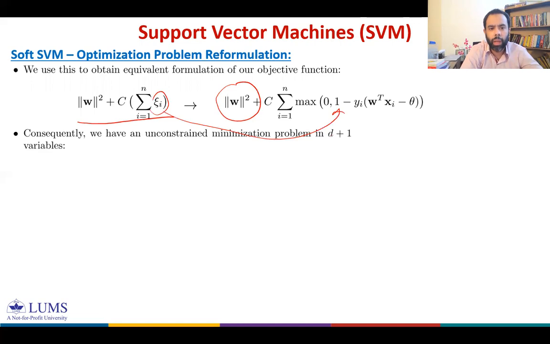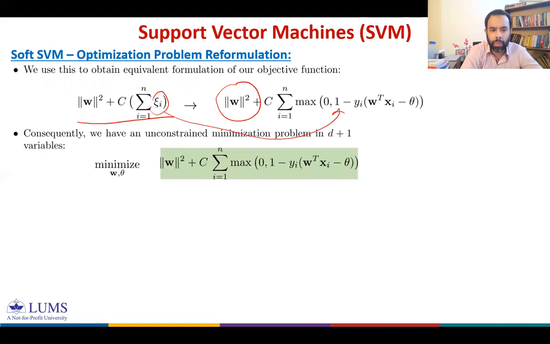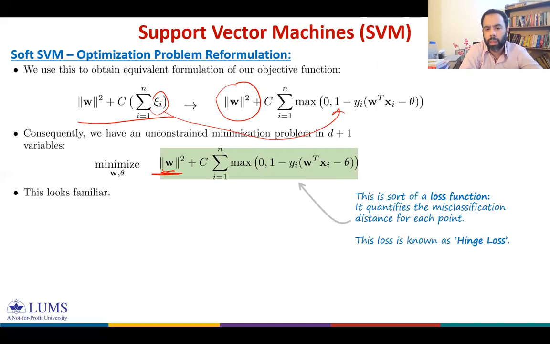Consequently, we have an unconstrained minimization problem in d plus 1 variables: the square of the Euclidean norm of w plus C times this function. This looks familiar, right? We have seen this before. The right hand term is a loss function. In fact, as I indicated earlier, this is the hinge loss. It quantifies the misclassification distance for each point.